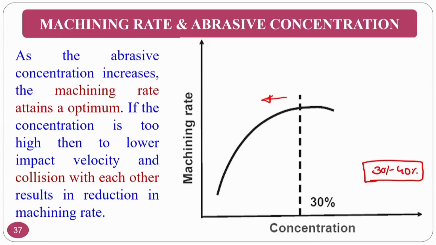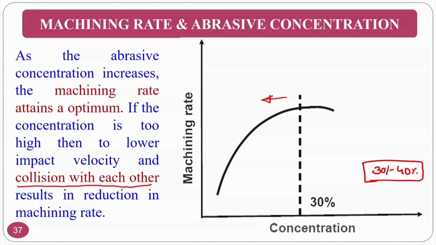So, the velocity may go down. If the collision among the particles is very high, the velocity at which they have to hit the workpiece will go down. If it goes down, the material removal or the machining rate will reduce.